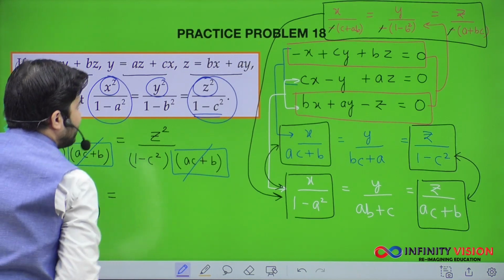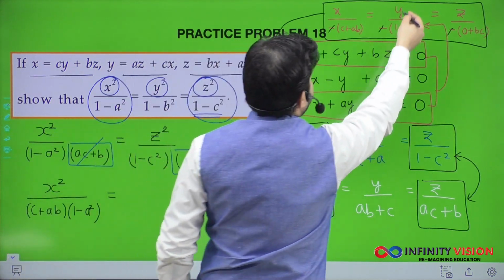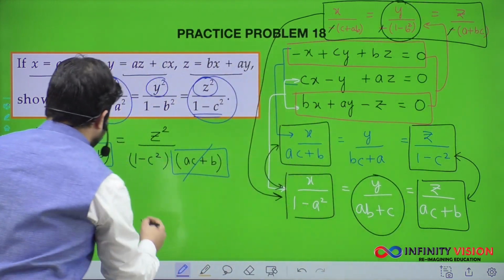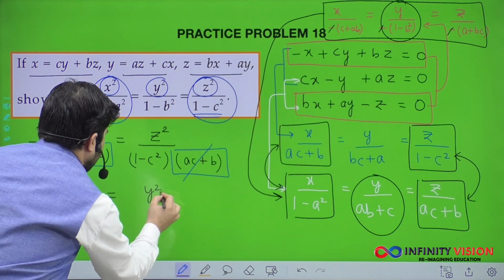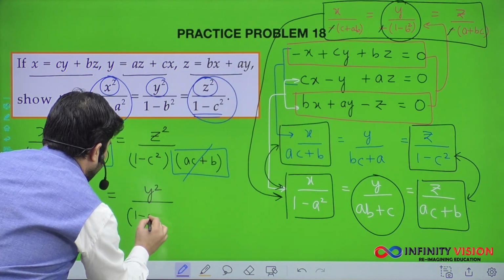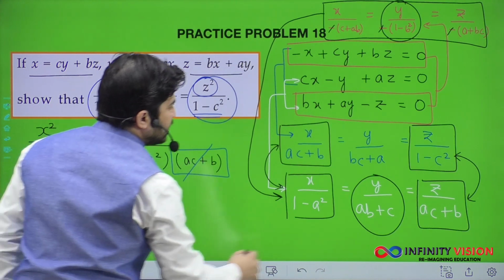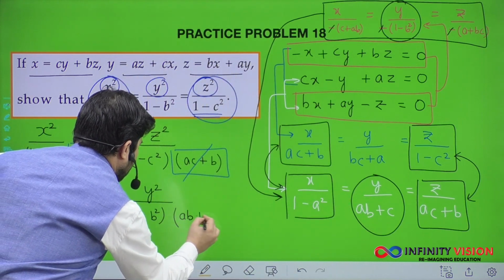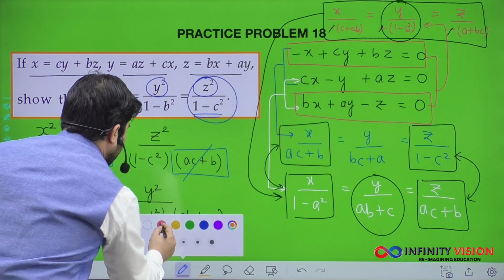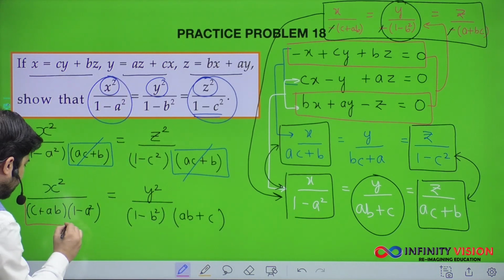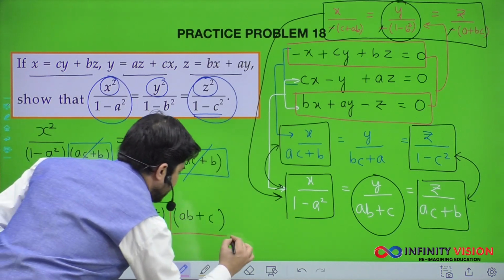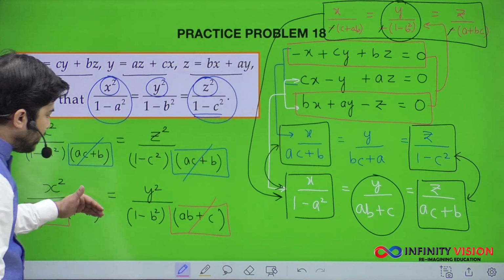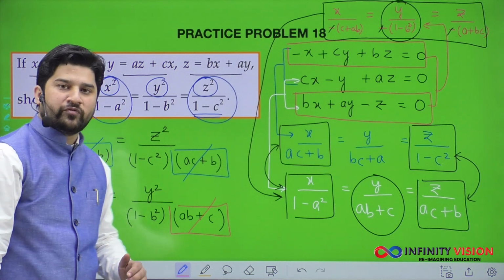Since I need my y square guy, so I'll use this y into 1 minus b square into y into ab plus c, that is going to be y square into 1 minus b square into ab plus c. Again, I see c plus ab and I see ab plus c. So these two can be cancelled and I can say x square upon 1 minus a square equals y square upon 1 minus b square.